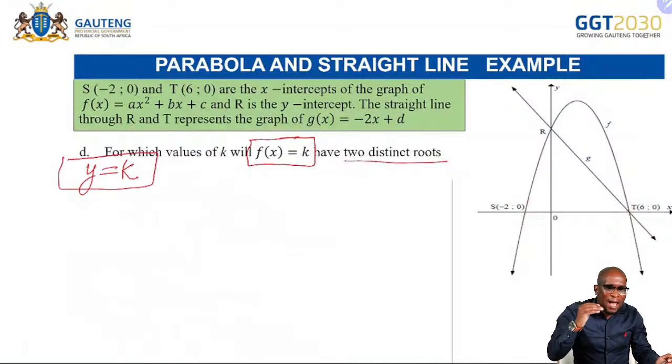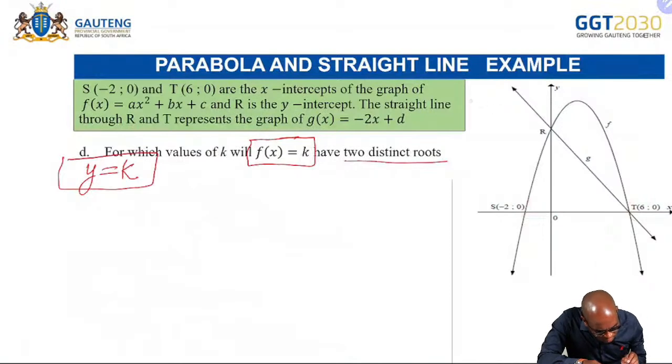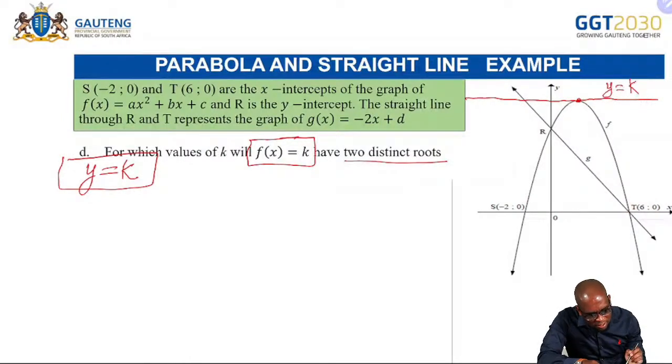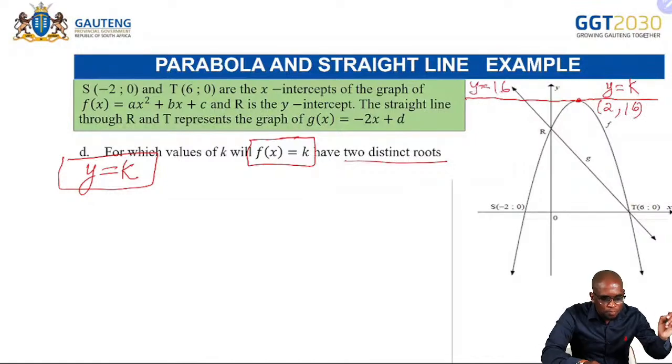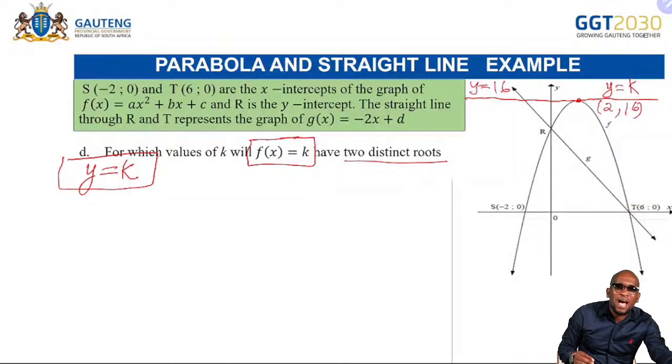Where can this line be? Now, if you check here, if you are to start off with your line here, if this is the line y equals k, remember here the turning point is 2 and 16. So this is the line y equals 16. How many times does the line y equals 16 touch the graph?